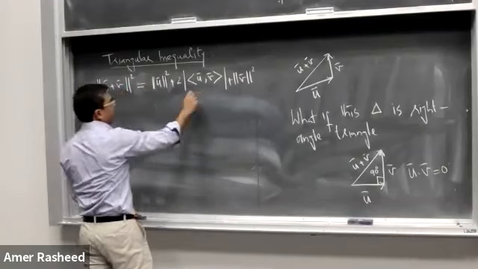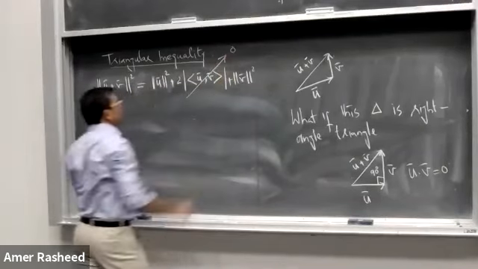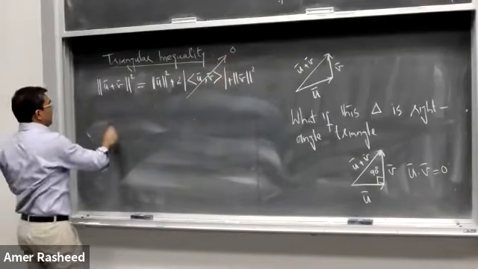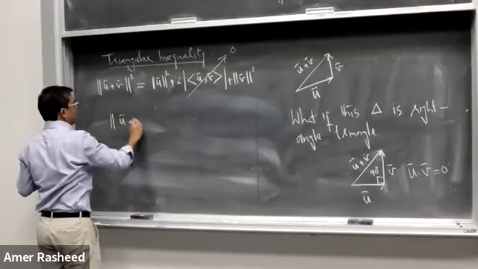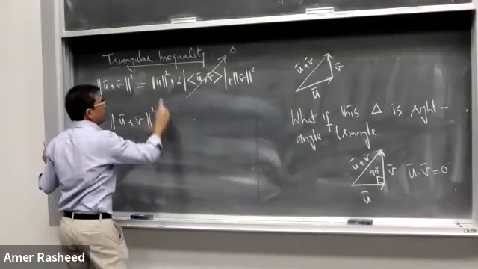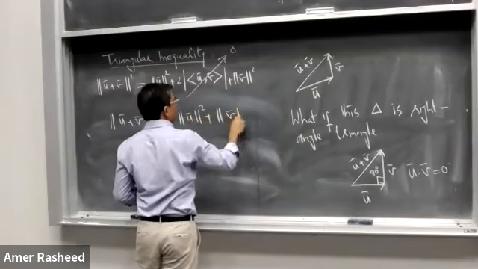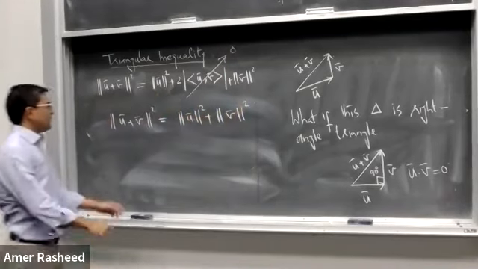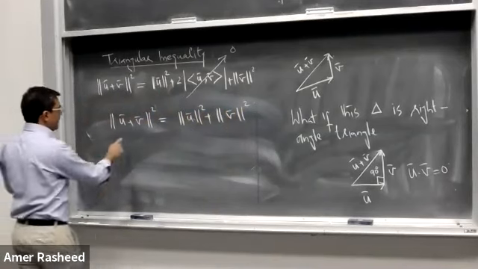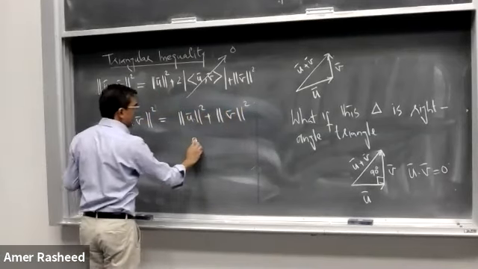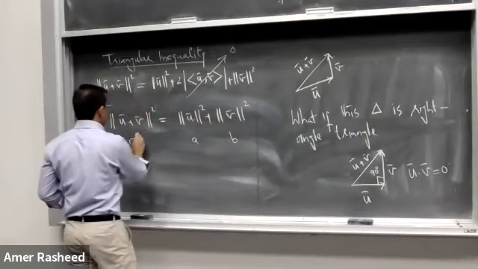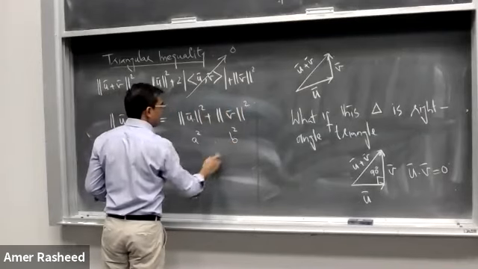This is equal to this, and this inner product is 0. And what do we obtain? We obtain norm of u plus v square is equal to norm u square plus norm v square. And what is this? If we assume that this is c, this is a, this is b, then c square equals a square plus b square.